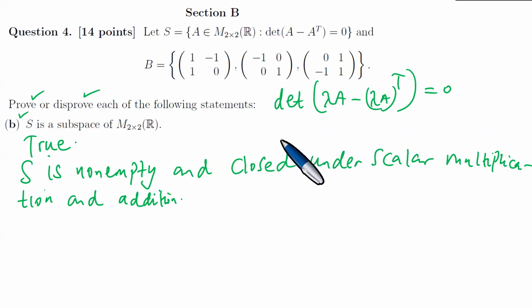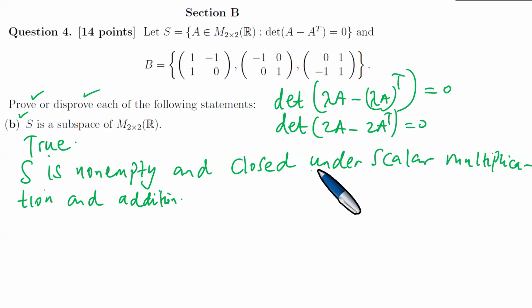Now, what would addition mean? It would mean that you are adding this. So now you can look at 2A minus 2A transpose.